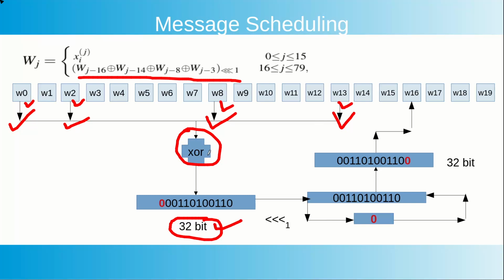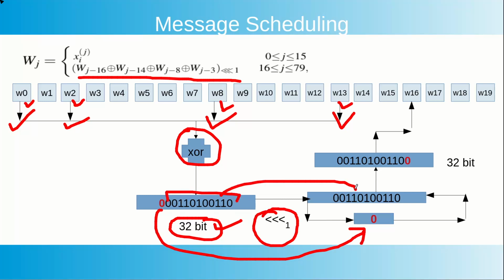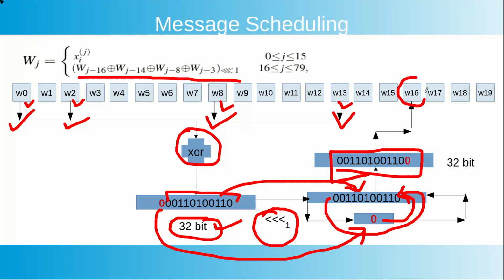Now this rotation by 1 is essentially this: I will take this bit off, so the remaining bits are essentially this, and then we will add this bit at the very end. I will not discard it permanently. I will take this bit out from here and put it here, and the resultant bit pattern is going to be our W16.